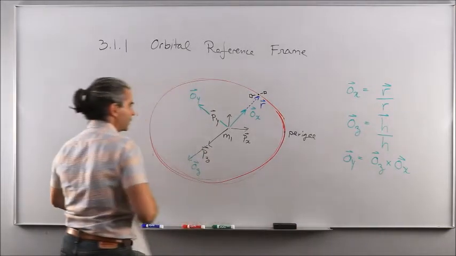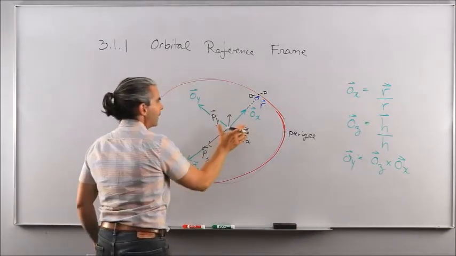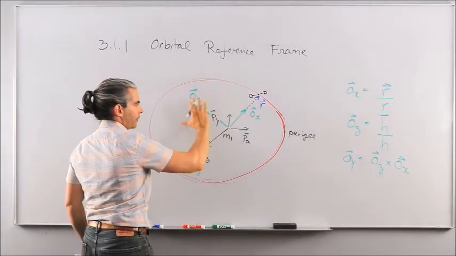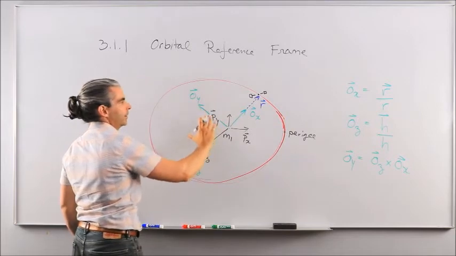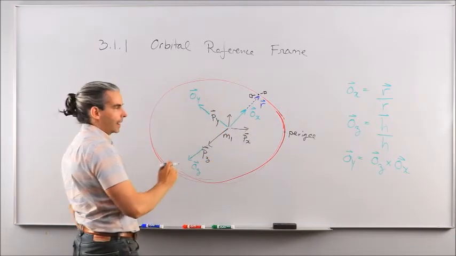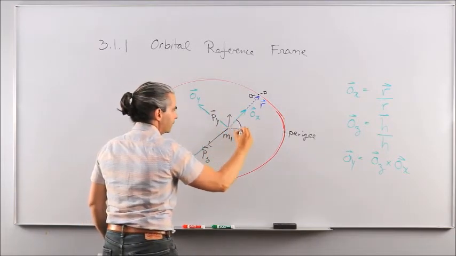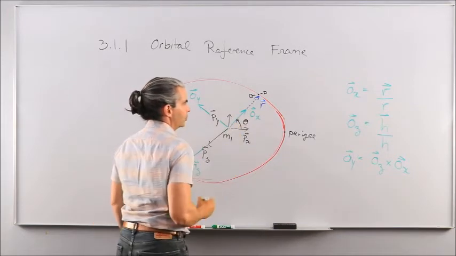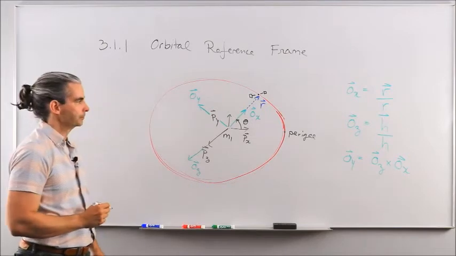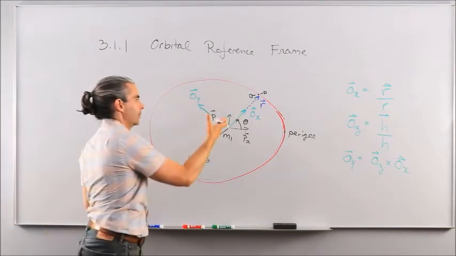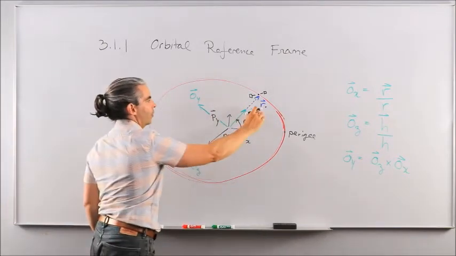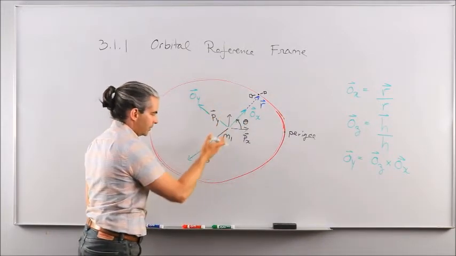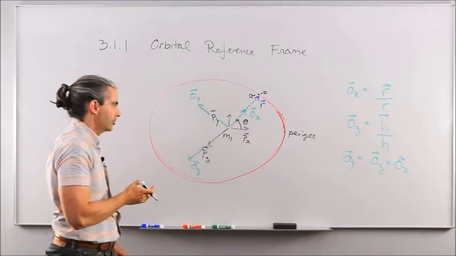One thing to note is that the angle between the orbital reference frame in green and the perifocal reference frame in black in this figure is one angle, and that angle happens to be our true anomaly. So when true anomaly is equal to 0, we have OX along PX, OY along PY, and OZ is always along PZ anyway, so that doesn't change.